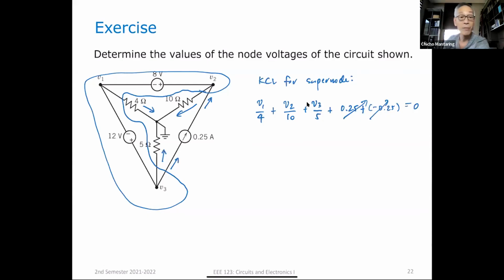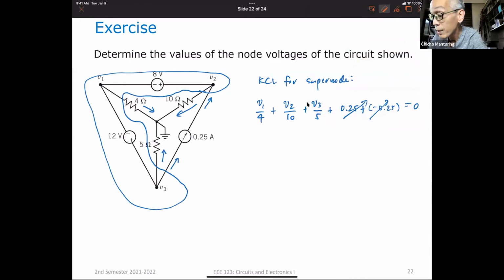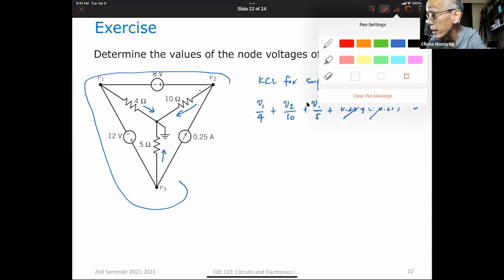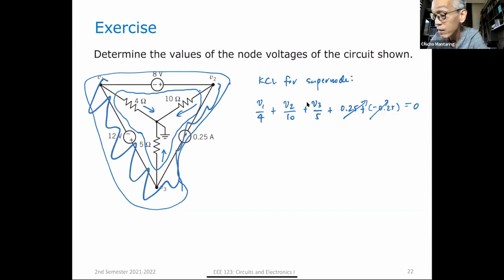Is equal to 0. That's why I was saying sa supernode natin, in our supernode, okay, I can actually include this, no? So this is my supernode. This whole thing is my supernode, including the current source. No? Because if I took the current source out of the supernode, magka-cancel out anyway, no?